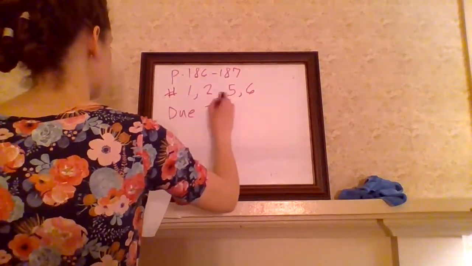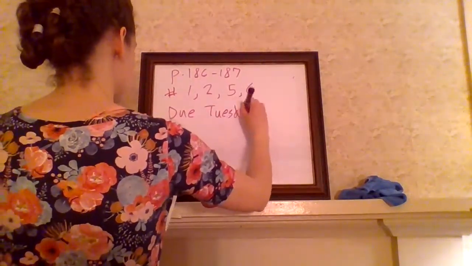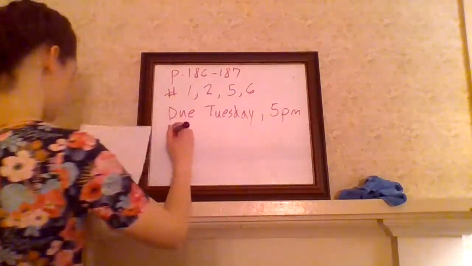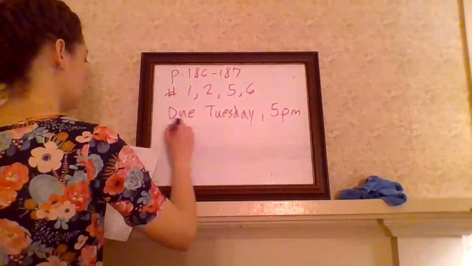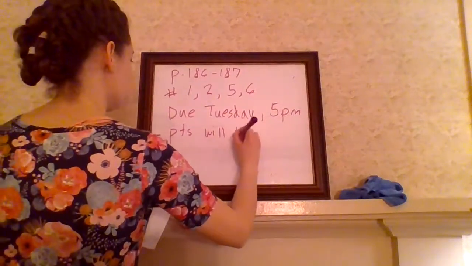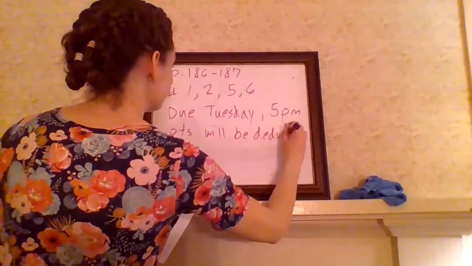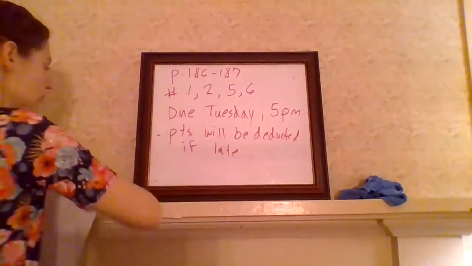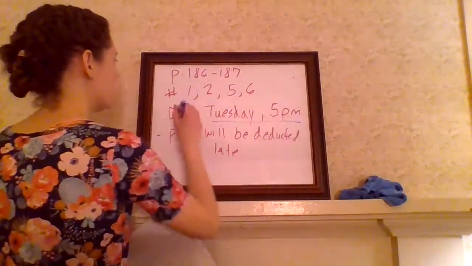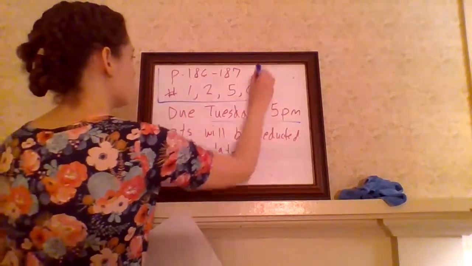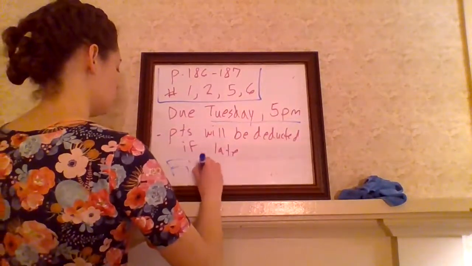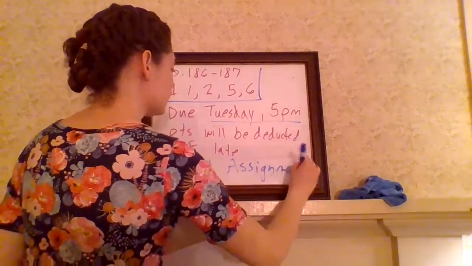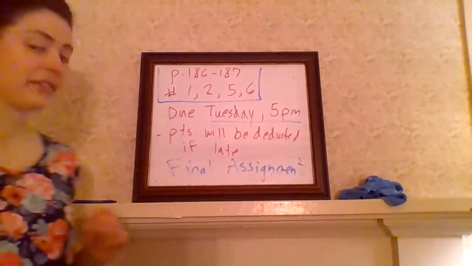This is due Tuesday, tomorrow, at 5 p.m. And if it's late, points will be deducted. So it needs to be in Tuesday at 5 p.m. Here's the assignment. This is your final assignment. Instead of having a test, we are having a final assignment.